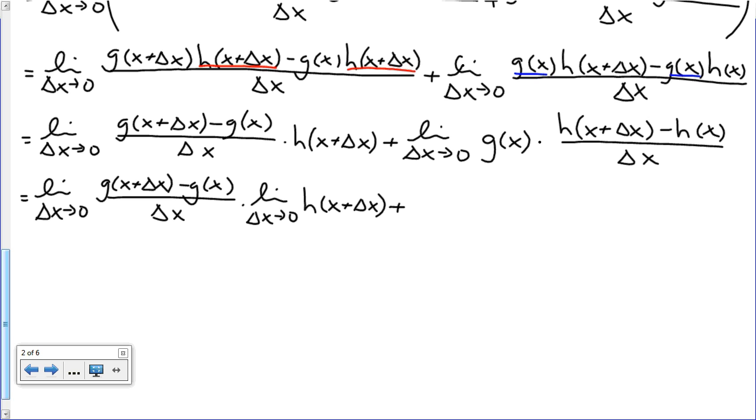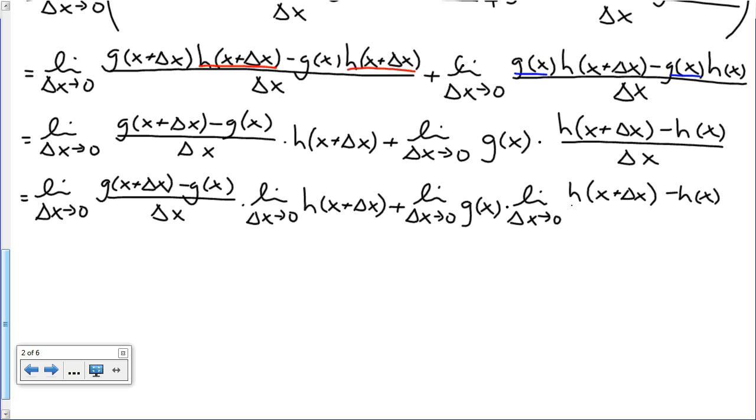And we'll add that to, again, another limit of a product here, so that's equal to the product of the limits. So the limit as delta x goes to 0 of g of x times the limit as delta x goes to 0 of h of x plus delta x minus h of x all over delta x.